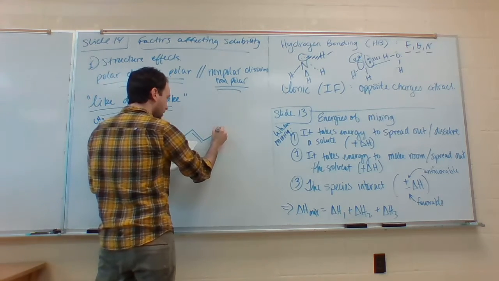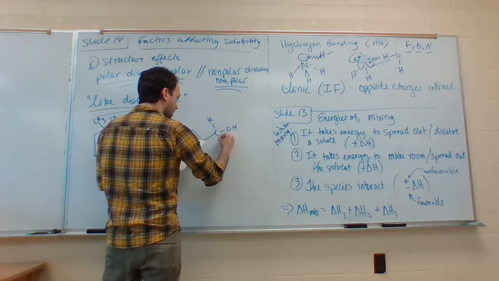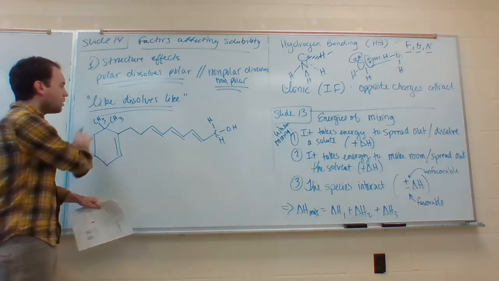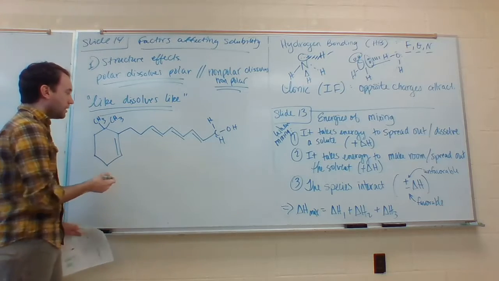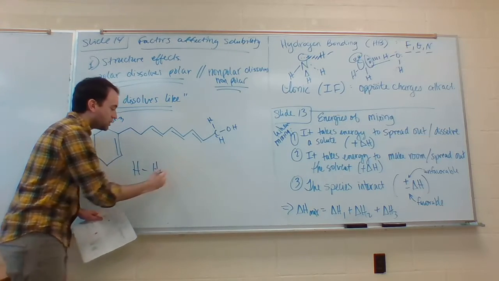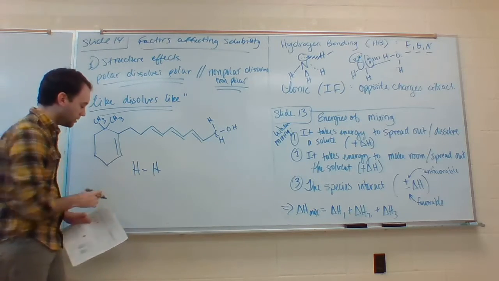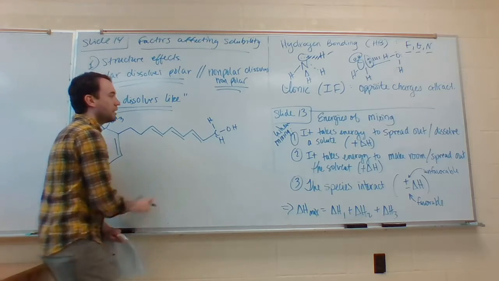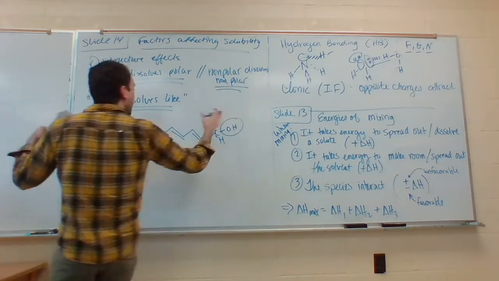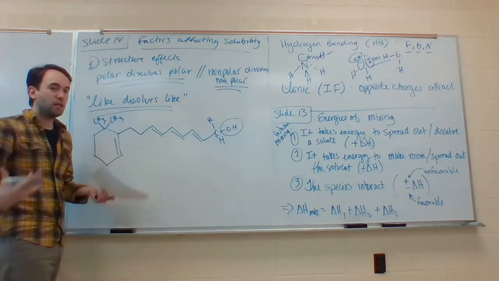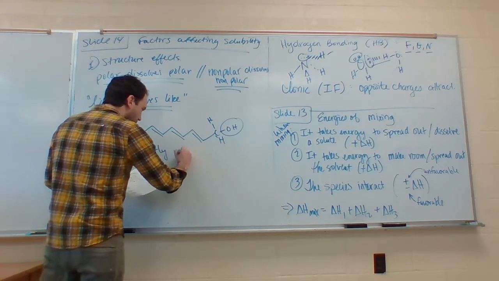Here at this carbon we have an OH, an H, and an H. Now notice, we don't have a lot. Remember we had HH, that didn't have a permanent dipole. Well, these really aren't going to have a significant permanent dipole. So it's not going to be polar except at this OH spot. This is the only spot in this giant molecule that has any sort of polarity, so this is going to be mostly nonpolar.